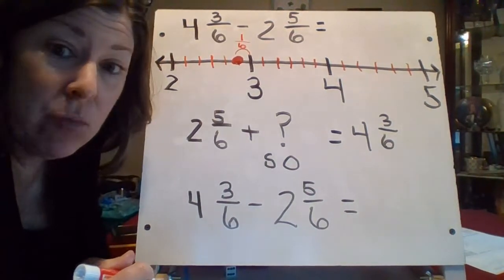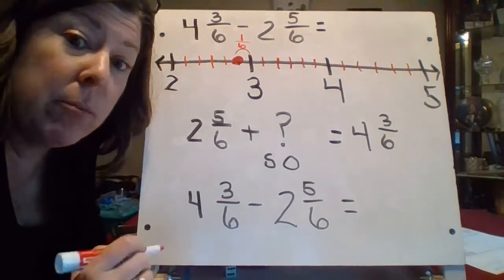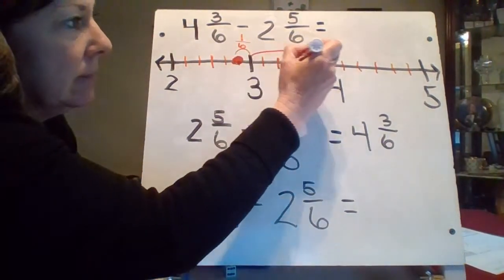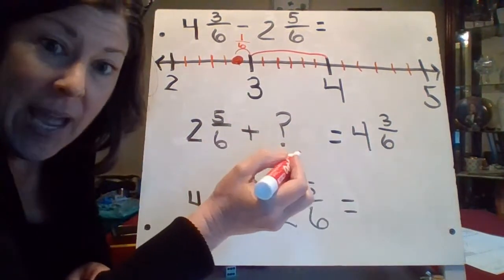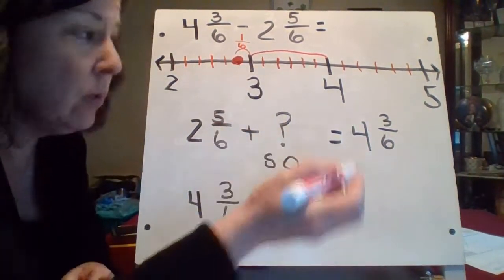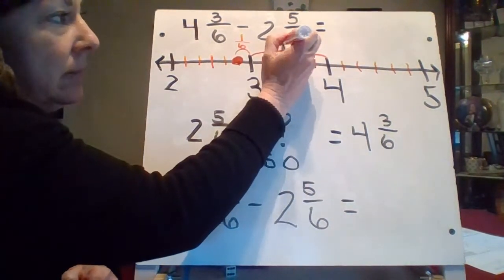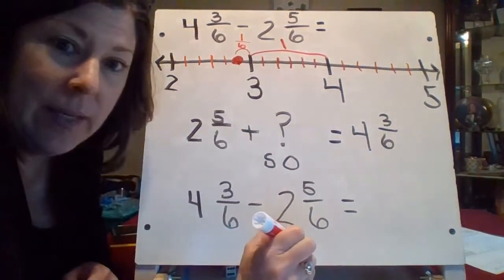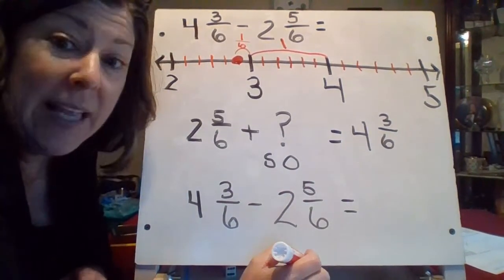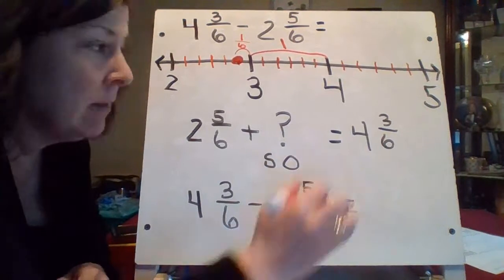Now, since I'm at the 3, I'm just going to go from 3 to 4. So I moved up 1 from 3 to 4. And now I have to move up to 4 and 3/6.